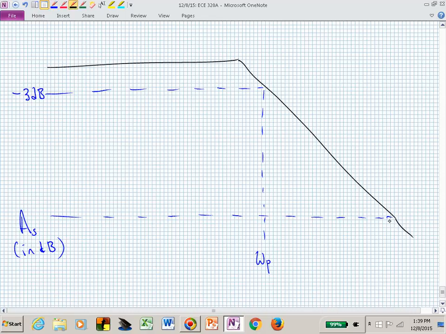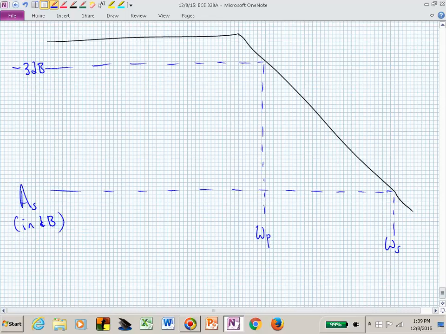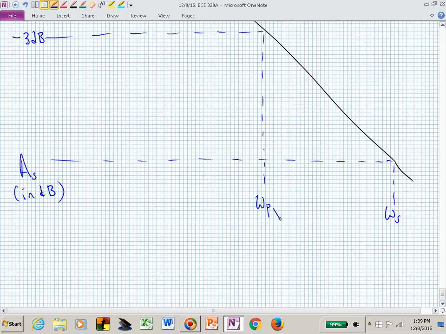And that now tells us how much attenuation we need by omega sub S. This is the pass band, that's the P, and the S is for stop, or stop band. Or you can think of this as our cutoff frequency.